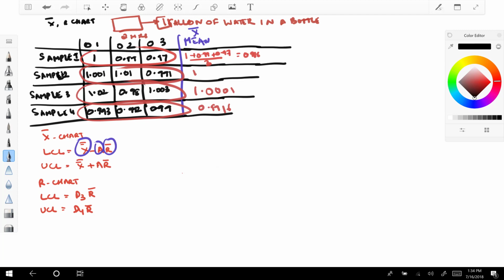The next step is to calculate the range. The range R is defined as the largest value minus the smallest value.